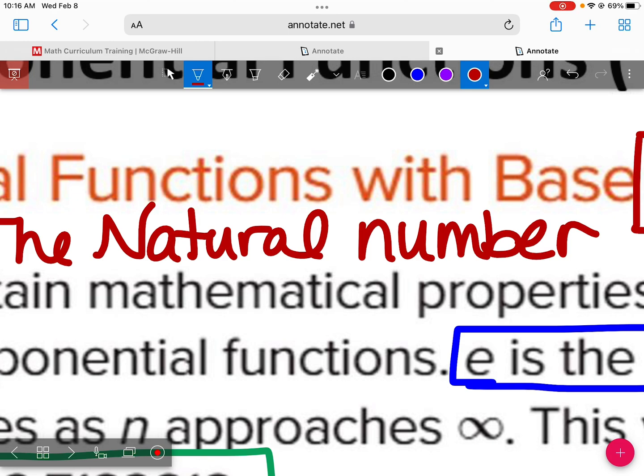This as the base with an exponent on it describes that growth better than any other base we have. So it happens a lot in the natural world. That's why it gets called the natural number.